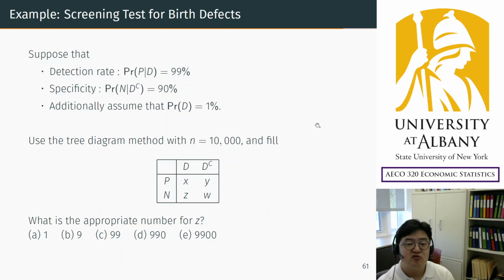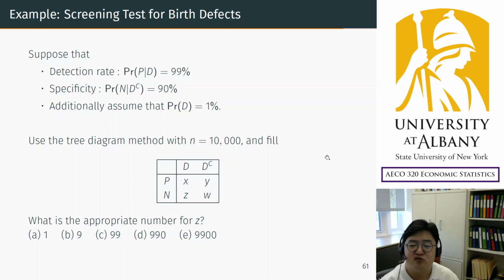We are going to use the tree diagram method. We are going to divide the imaginary sample into 4 types, and I will choose 10,000. I will think of 10,000 samples, say, baby DNAs, right? And based on them, I'm going to use the test to classify them.